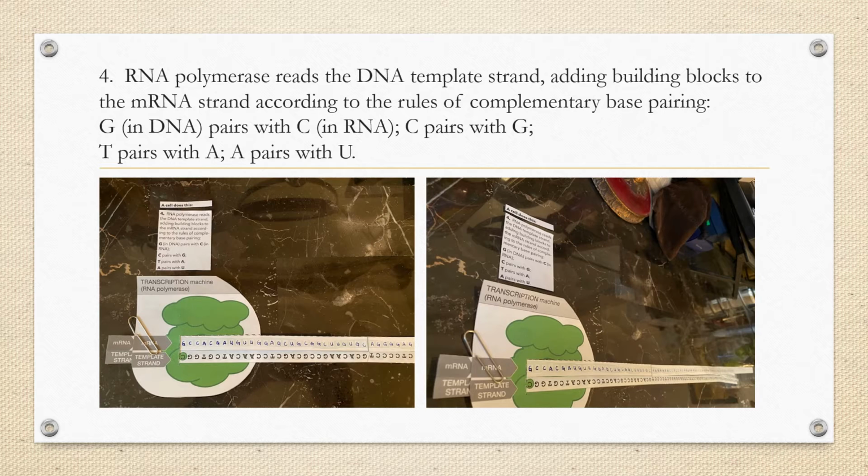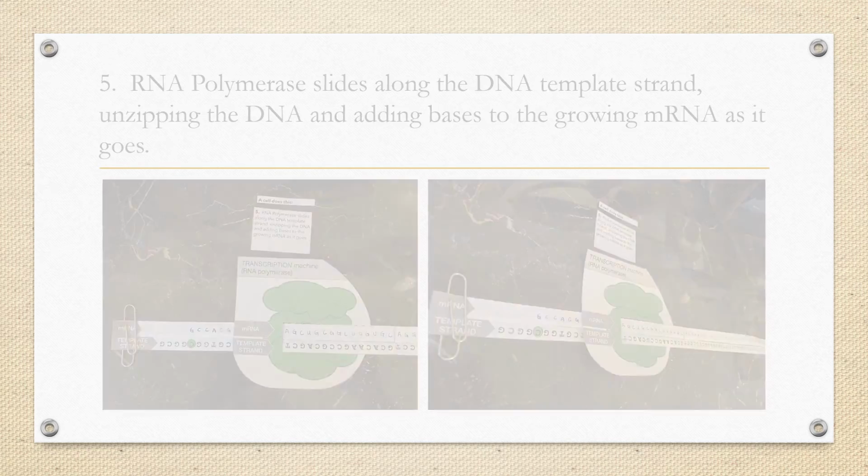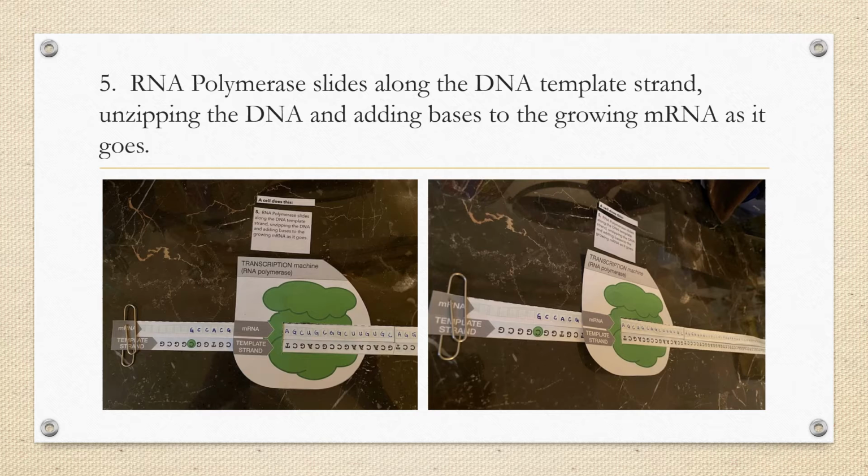C pairs with G. T pairs with A. And A pairs with U. Fifth, RNA polymerase slides along the DNA template strand, unzipping the DNA and adding bases to the growing mRNA as it goes.